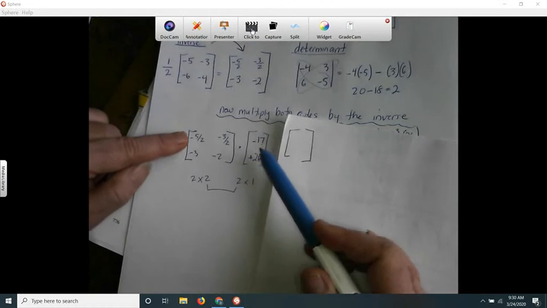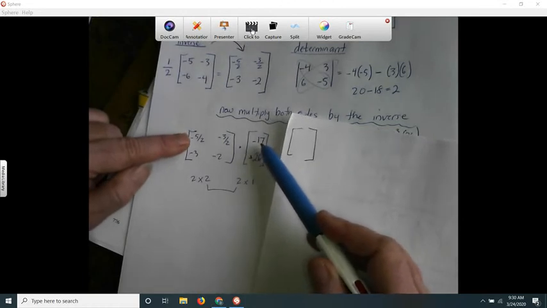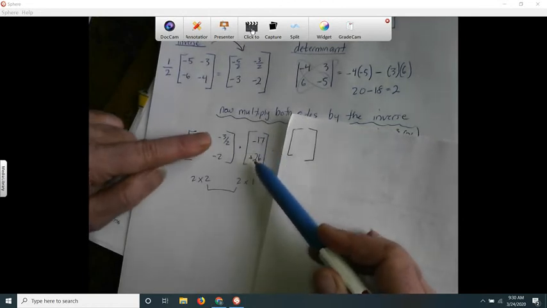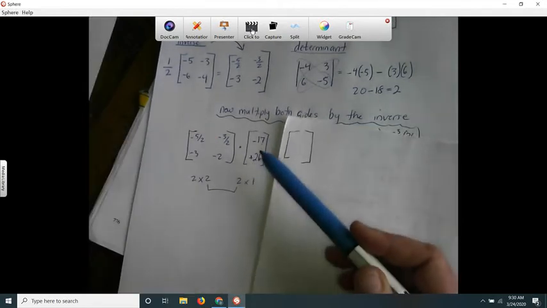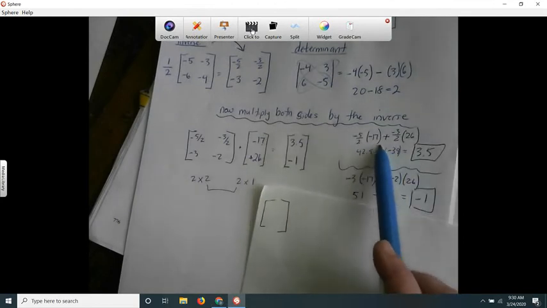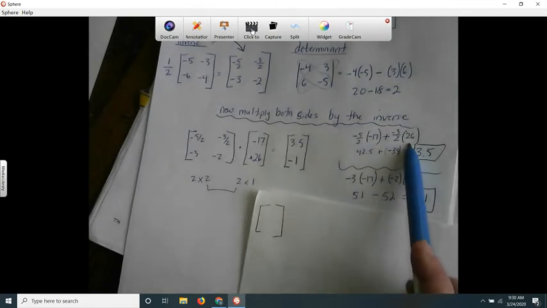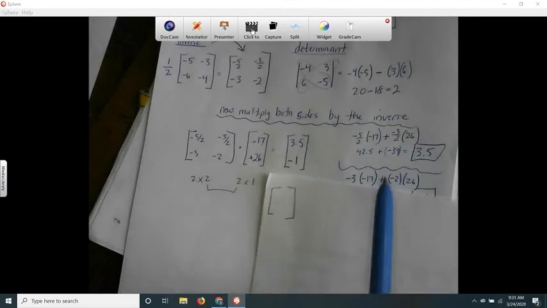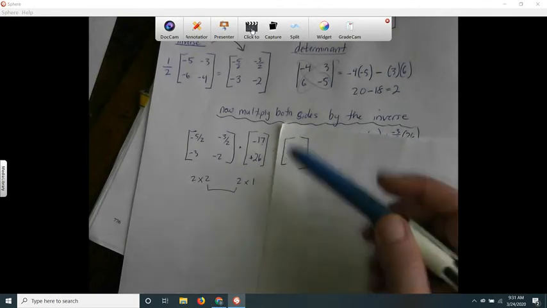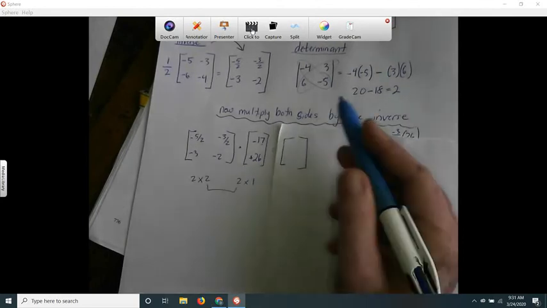Okay, and then to get the number that goes down here, that's row 2, column 1. So it's this times this. So negative 3 times negative 17 plus negative 2 times 26.